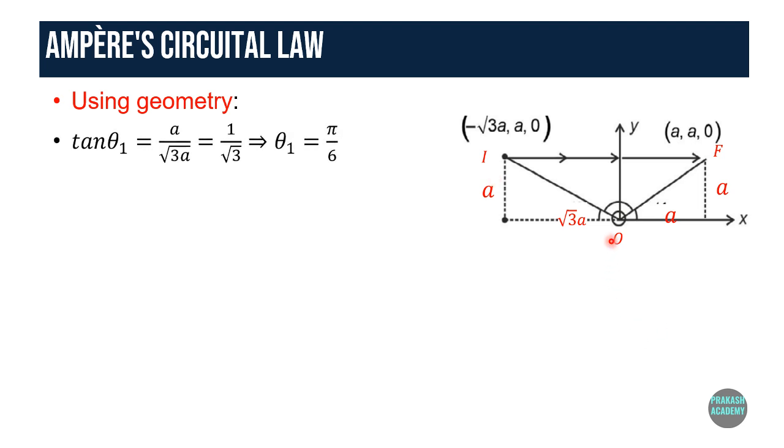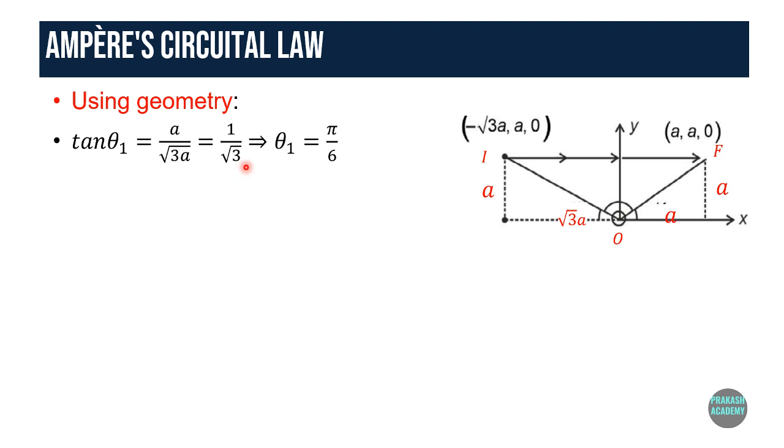Now, let us call this angle theta 1. So, tan theta 1 will be this distance divided by this distance, and this distance is a and this distance is √3a. So, this is 1 by root 3.